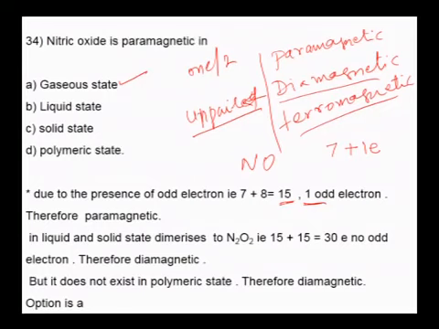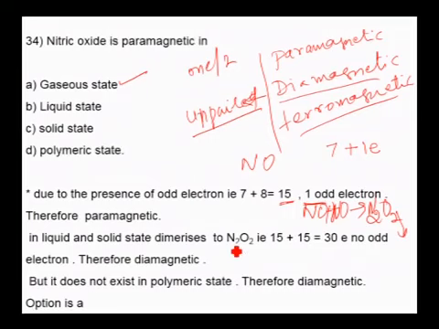In the liquid and solid state, NO undergoes dimerization, that is NO plus NO giving rise to N2O2, dinitrogen dioxide. On dimerization the total number of electrons becomes 30.